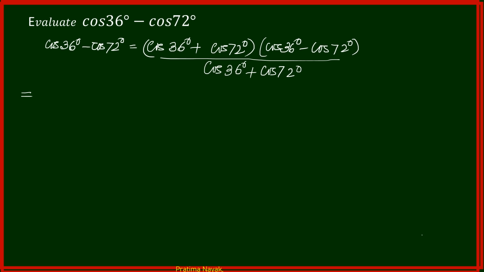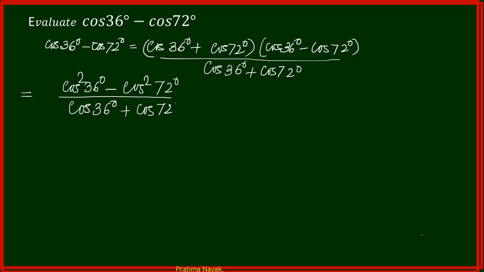So in the numerator, I'll get cos square 36 degree minus cos square 72 degree. In the denominator, cos 36 degree plus cos 72 degree. Then we will multiply 2 both in the numerator and denominator.